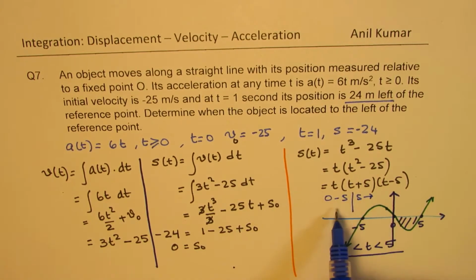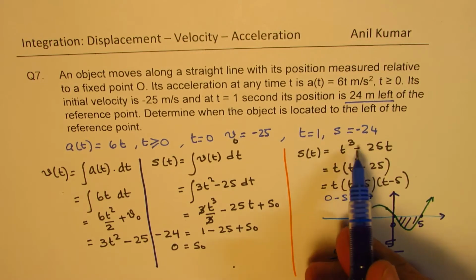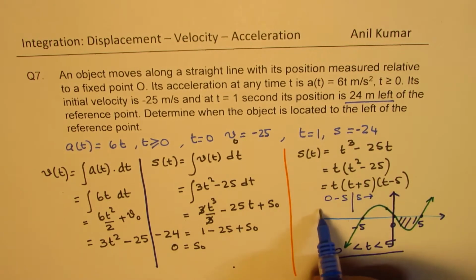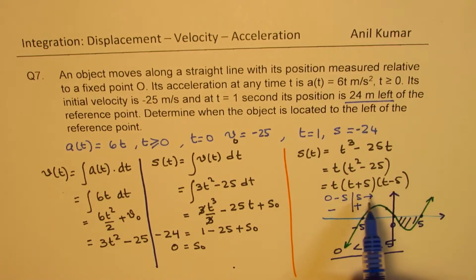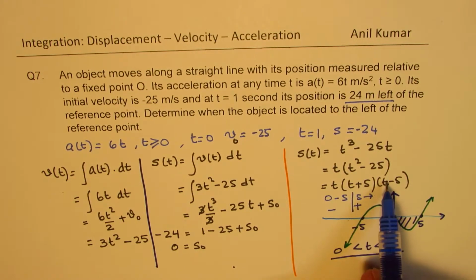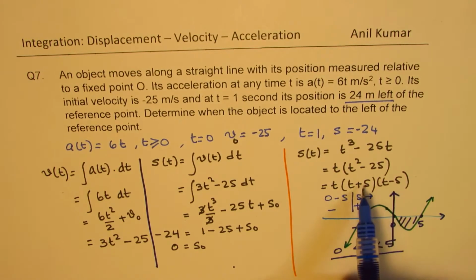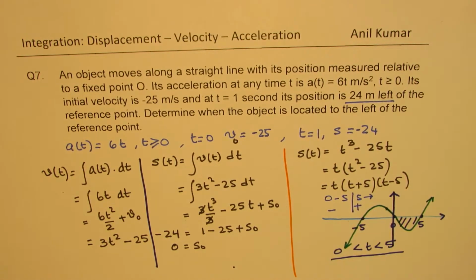If I substitute a value less than 5, which in this case at 1 we know is negative, and here it is positive. If I write a value, let's say 6 here, then all three terms are positive. So when you multiply them, you get a positive result, right? So displacement is positive. That is how we are going to answer this particular question.